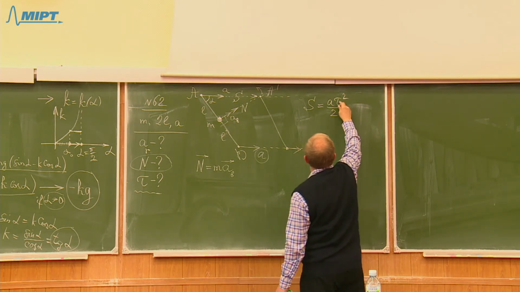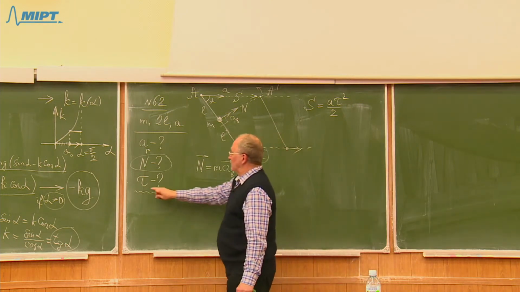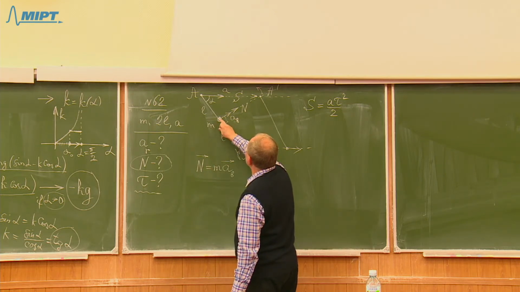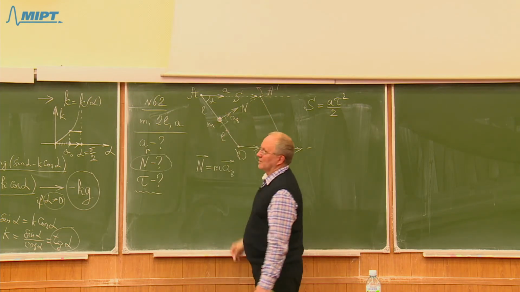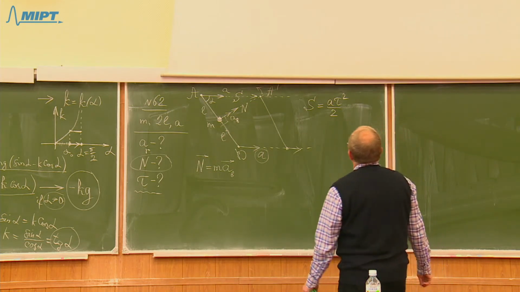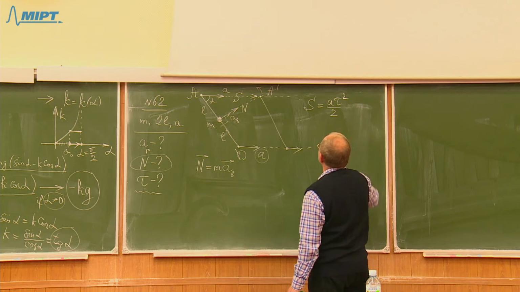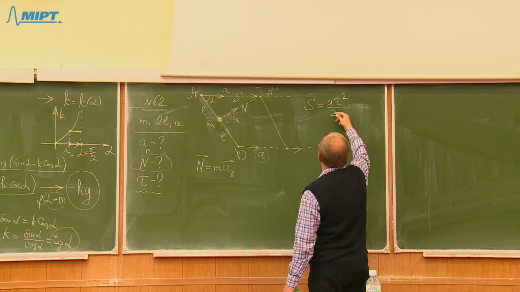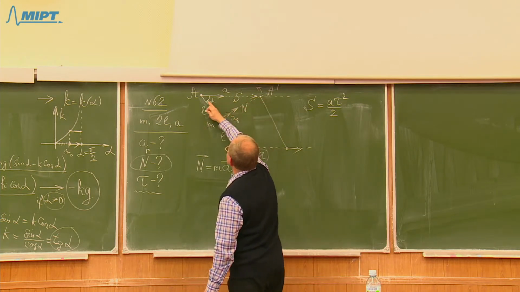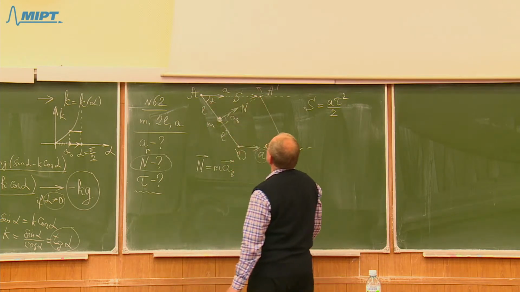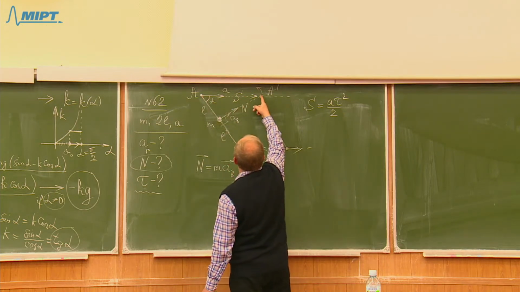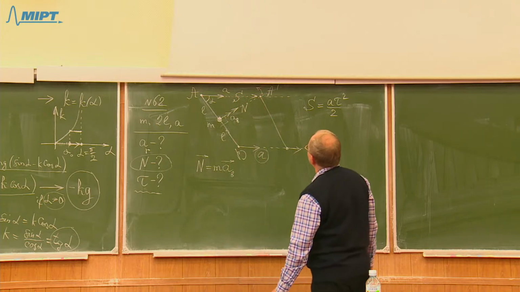And I put here time interval as tau, because I know that this is the time interval which is required for the bead to slip away from the rod. So A acceleration time squared over 2, that is the displacement of the accelerating point. Point A accelerates, and finally is found in position A prime.